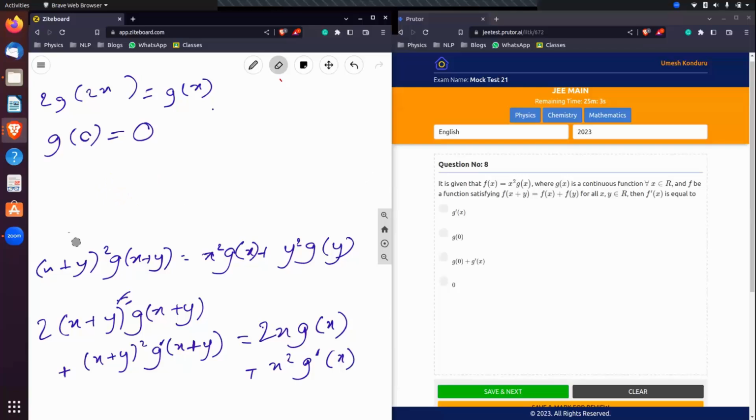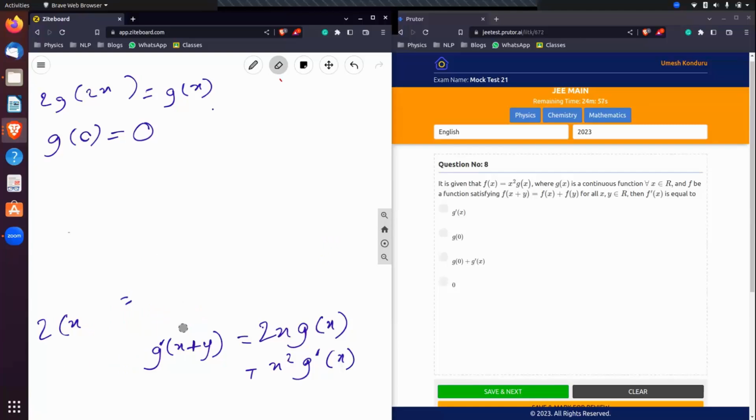Just look at the options. If you eliminate those two options, you're just left with g of 0 and 0. I have a feeling there might be something wrong with the question because these two options are also the same.